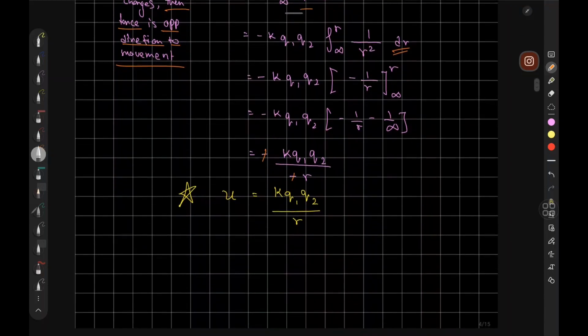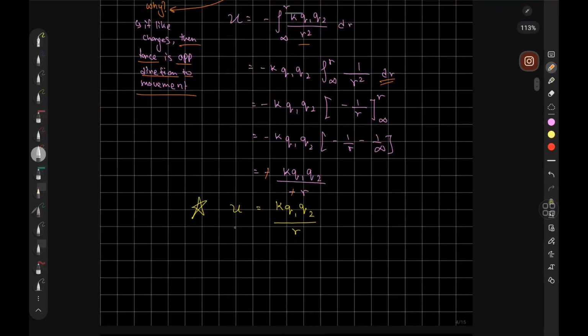So what you're left with at the end of the day is the electric potential energy, which is k, the constant, times the product of both the charges divided by the separation. Okay, so I know this is very similar to the force formula, which is k q1 q2 by r squared.